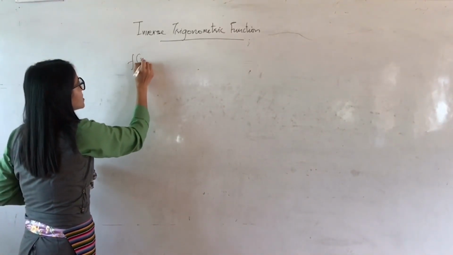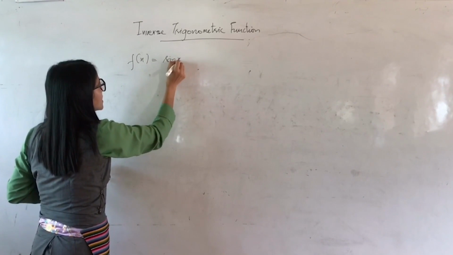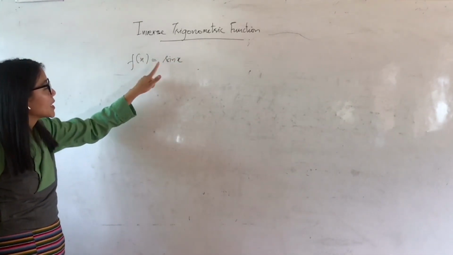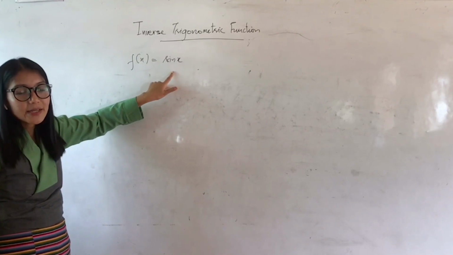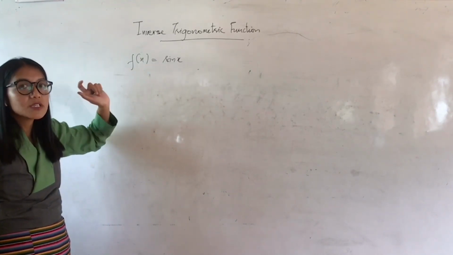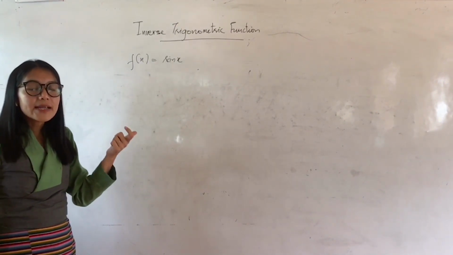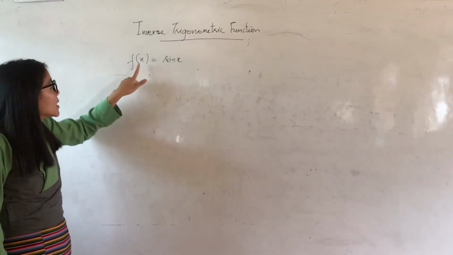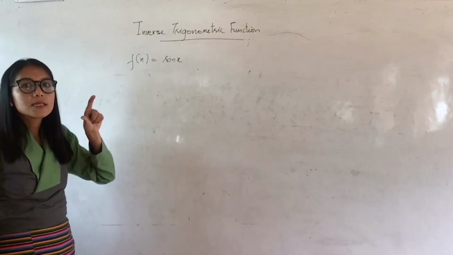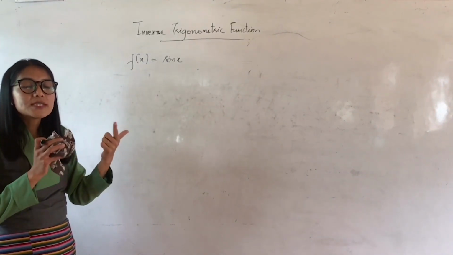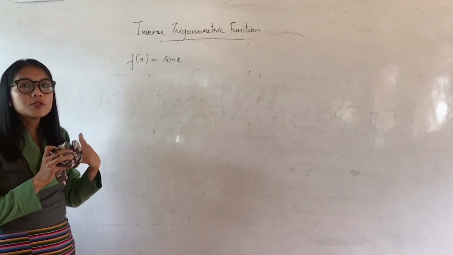If I consider my function f(x) equals sine x, and I'm interested in finding the inverse of sine, then I would be able to find sine inverse only if the function sine x is bijective. You have to remember that, which means the sine function has to be 1-1 and onto.